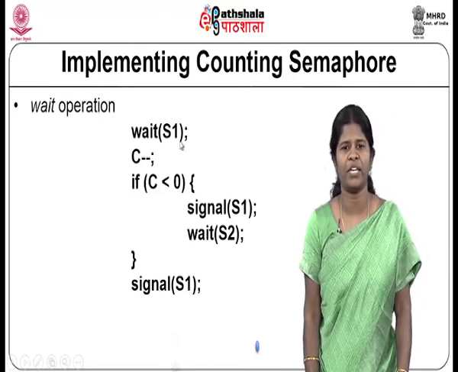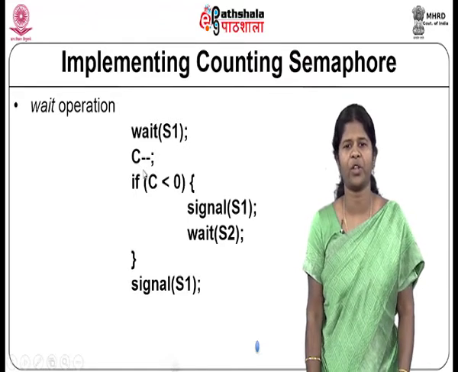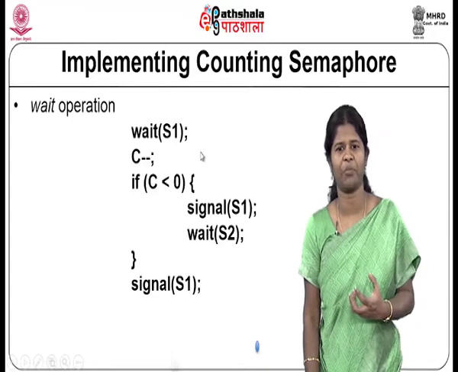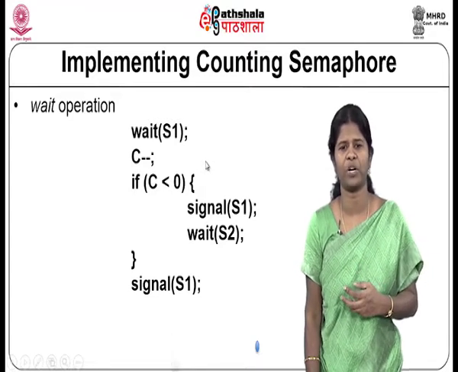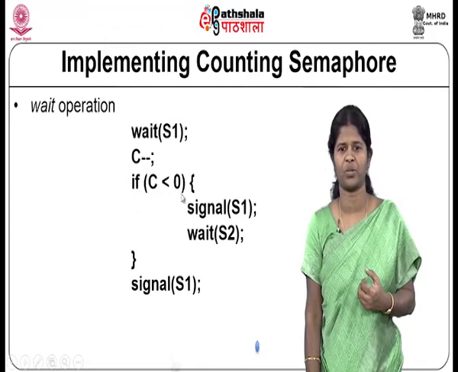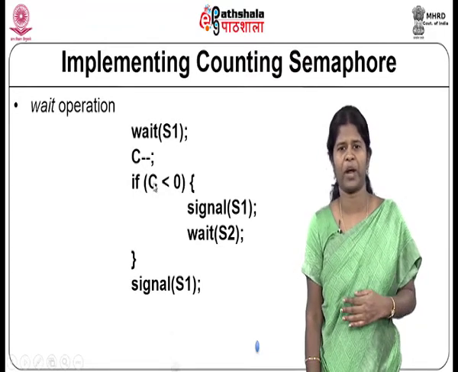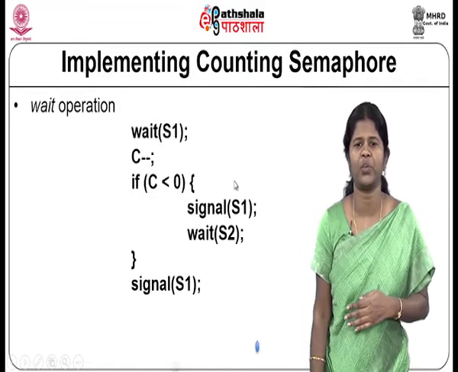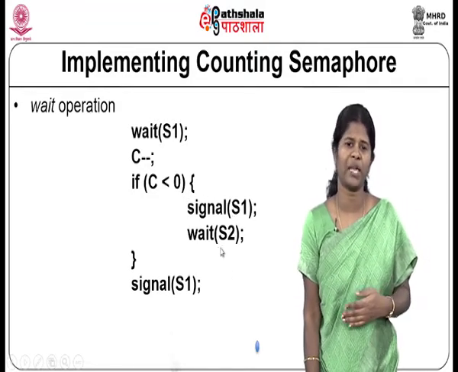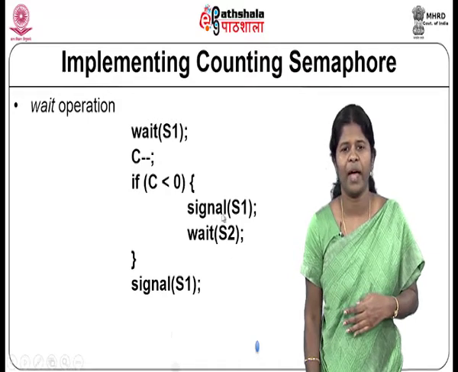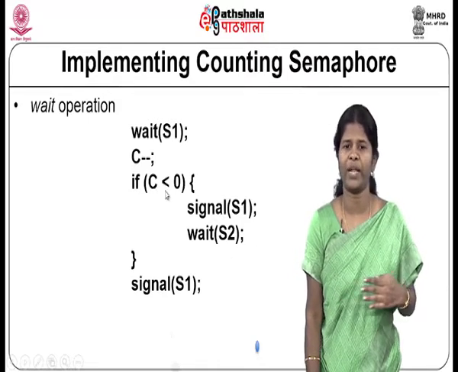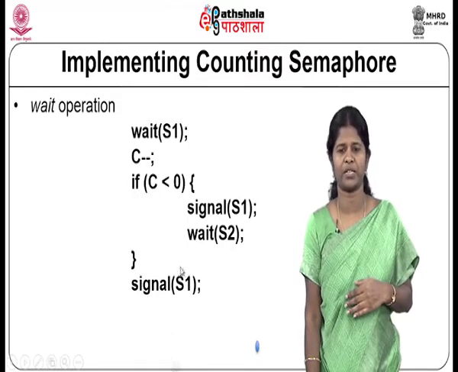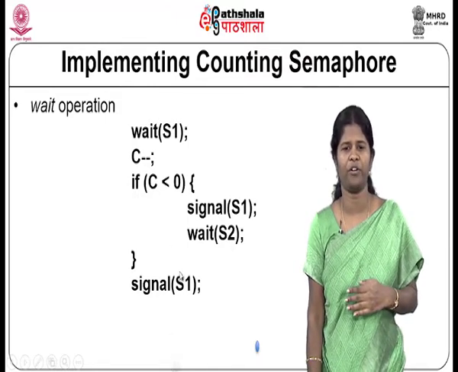If it is 1, it will decrement and then carry on to decrement the value of C. C is actually the counting semaphore's value, the total number of processes that can access the shared resource. So C is decremented by 1, and if the value of C becomes less than 0, the process will wait on another semaphore called S2. Only when a signal operation is done can this process move out of the waiting state. And then you do a signal of S1.